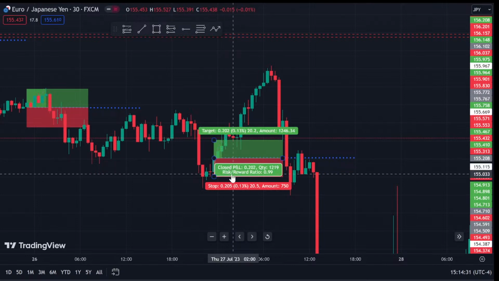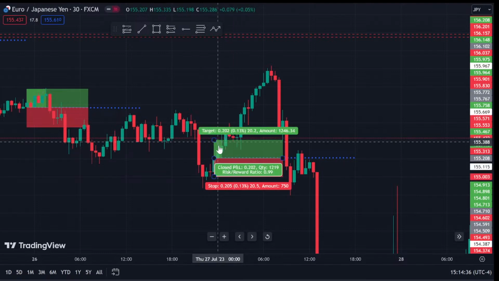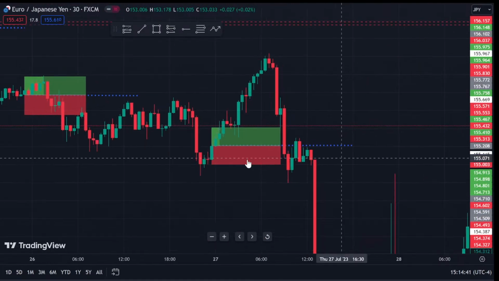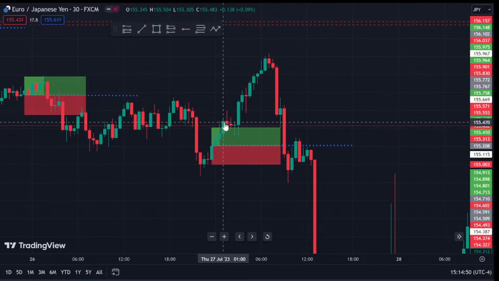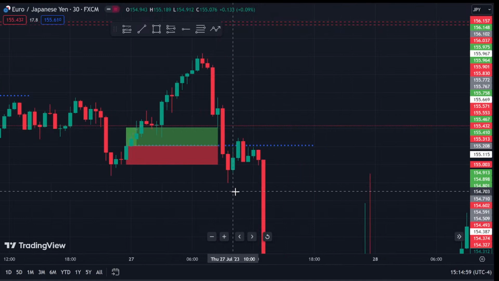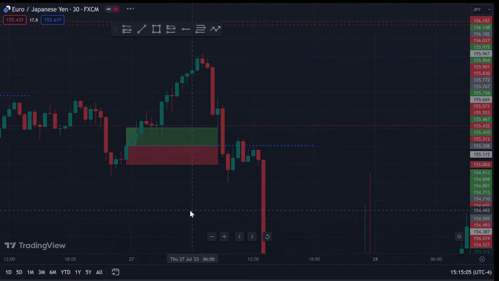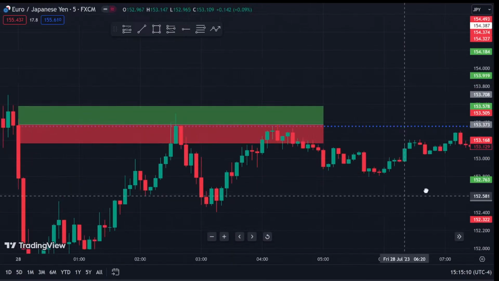If it hits 20 pips below, then we are expecting sales on that particular day. This was Thursday. On Thursday, the market moved 10 pips above. After moving 10 pips above, you can start buying it right here, or you can wait and find a setup in between. Let me go to a 5-minute time frame to see if we have a setup right there inside that chart.